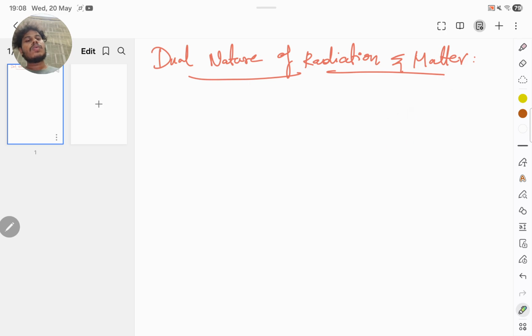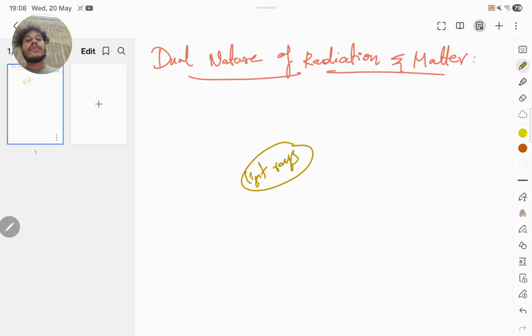So what is it saying? Radiation, that is light rays, they are saying has a dual nature. What is the dual nature? Light rays, we know, have a wave nature.